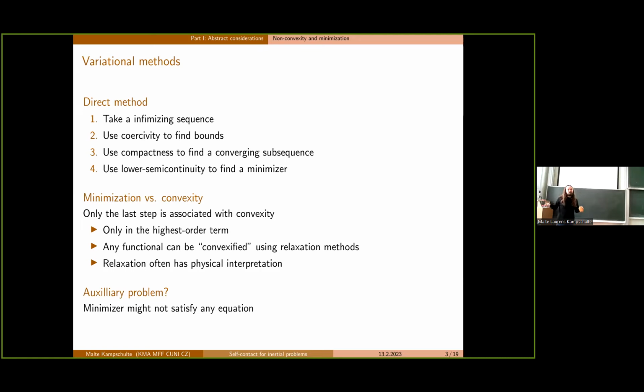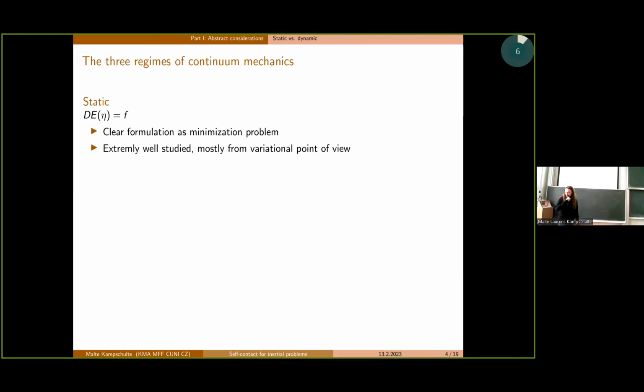You just need to be a bit convex in that direction to have lower semi-continuity. That's the idea. And then there's also an extremely ugly auxiliary problem that your minimizer might not even satisfy any equation. So that's the first abstract consideration I want to get into your mind.